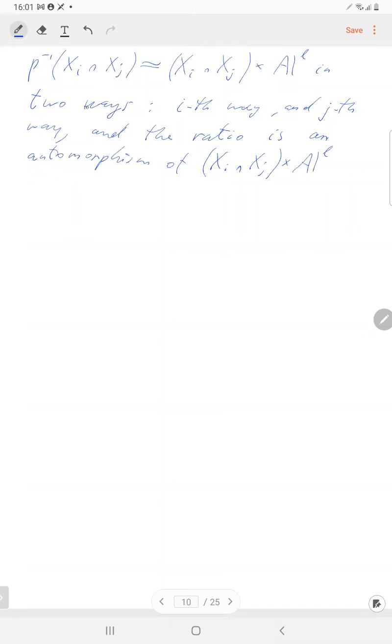So now finally the key point is that this automorphism is required to be linear in all the fibers.